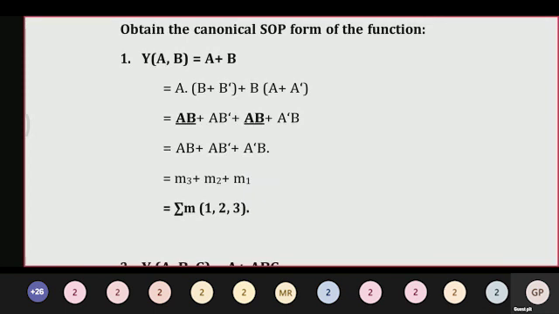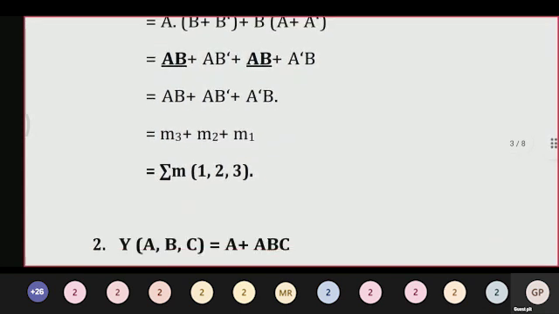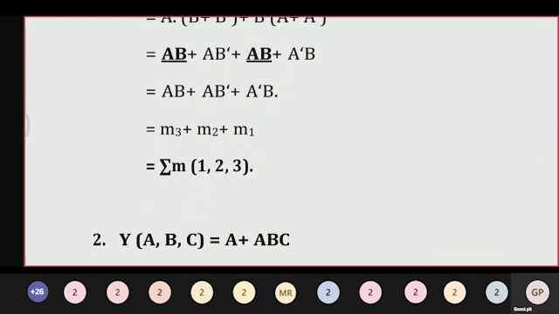AB plus AB bar plus AB plus A bar B. See these product terms, AB is repeated twice, so you need to take only one term: AB plus AB bar plus A bar B. That corresponds to the min terms M3 plus M2 plus M1.